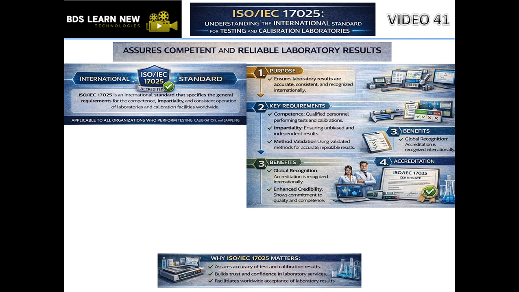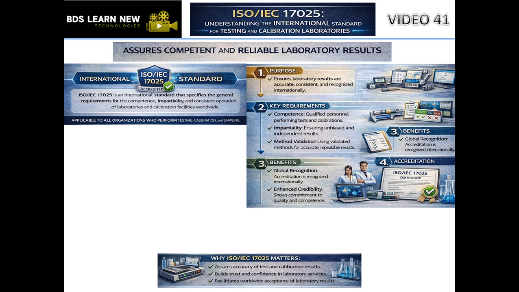So assures competent and reliable laboratory results. Now, ISO IEC 17025 is an international standard that specifies the general requirements for the competence, impartiality, and consistent operation of laboratories and calibration facilities worldwide, applicable to all organizations who perform testing, calibration, and sampling, right?